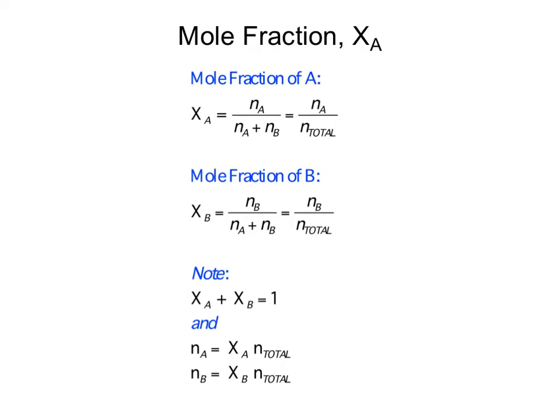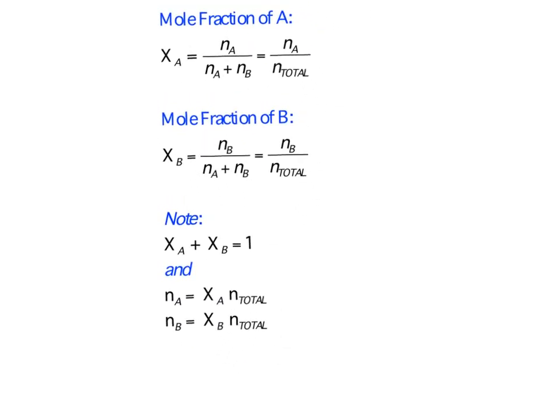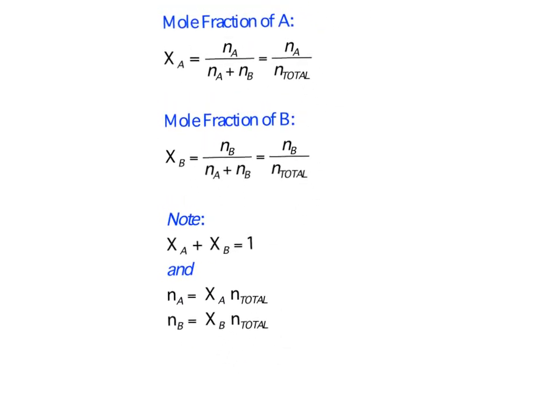And so what happens when you add them together? Na plus Nb divided by N total is going to be equal to 1. All right. Now, another equation that's useful here: if you want to solve for Na, you can take N total, multiply that times both sides. You get Na is equal to mole fraction times N total.